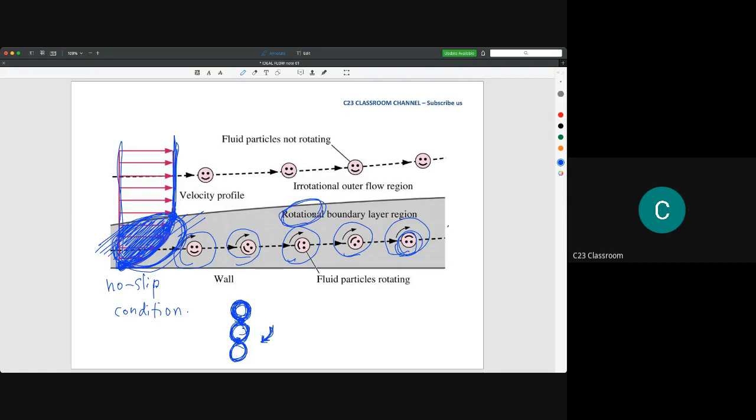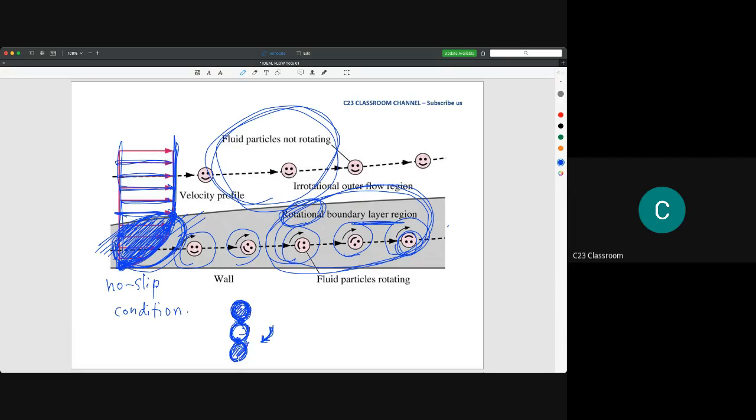In chapter 3, we will learn about the boundary layer region. Normally in the boundary layer region, the flow is rotational flow. For this area, because we assume that the fluid flows at the same velocity, the interaction between the upper molecule here and the lower molecule here is the same.